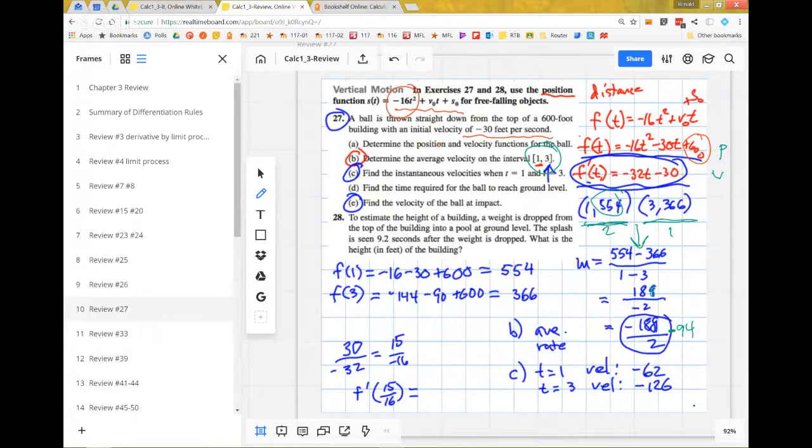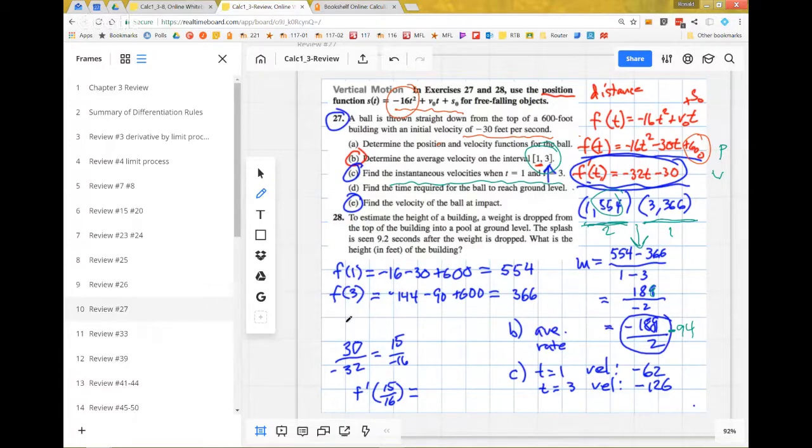Okay, back to part C. Find the instantaneous velocities when t equals 1 and t equals 3. Now, instead of using slope, instantaneous velocity, that's your derivative. So now, what's the derivative? We already figured it out. It's right there. It's circled in blue up here.